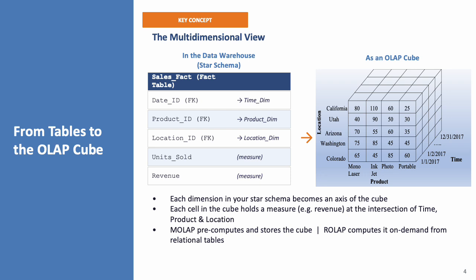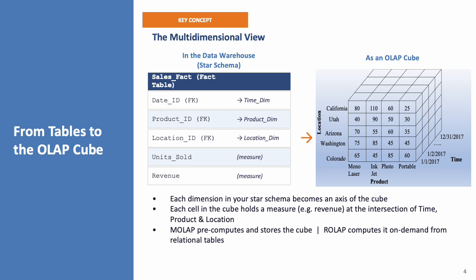It has 3 foreign key columns: date ID, which links to a time dimension, product ID, which links to a product dimension, and location ID, which links to a location dimension. It also has 2 measure columns, units sold and revenue. These are the things we actually want to analyze.